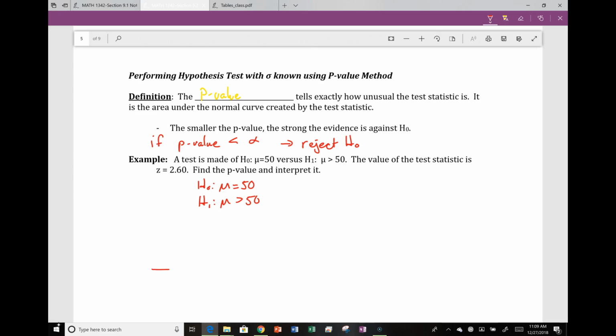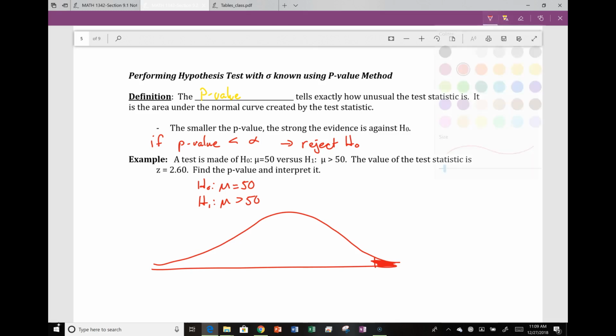So when we look at this, we're talking about a right-tailed test. Z is equal to 2.60. Well, this is our test value. So that's like our Z test is equal to 2.60. And we need to find its p-value.